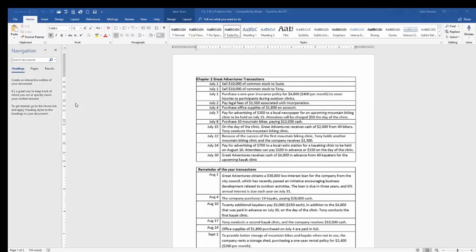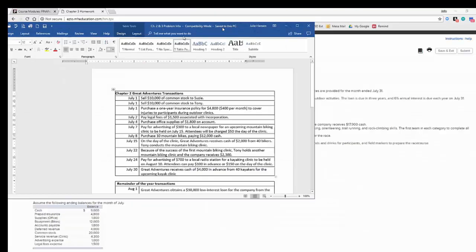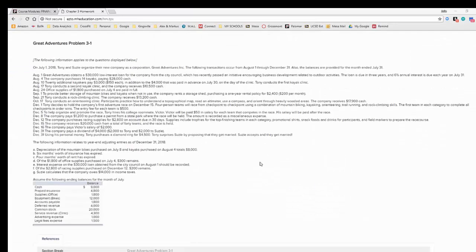To give you further clarification, I'm looking back at the July transactions, which we covered in chapter 2. It's not exactly clear when you get to chapter 3, and it says I purchased a 1-year insurance policy for $4,800, which is $400 a month. So when I come over here, I can see that there's my $4,800, and they tell me that 6 months of it is expired. So if it was $400 a month, 4 times 6 is $2,400, and that's where I get the adjustment for that.